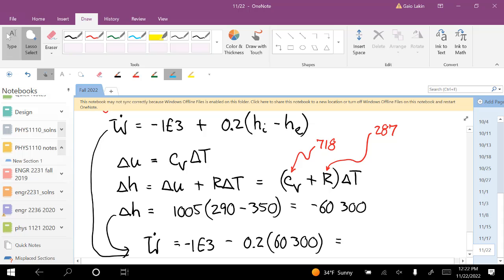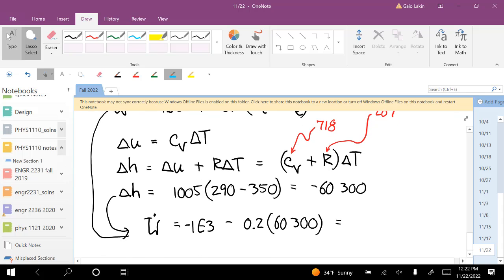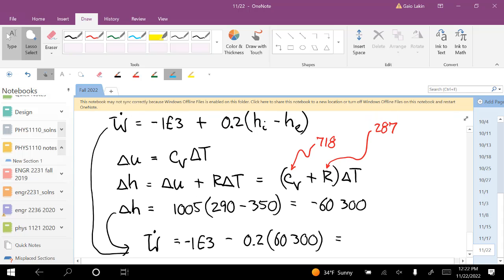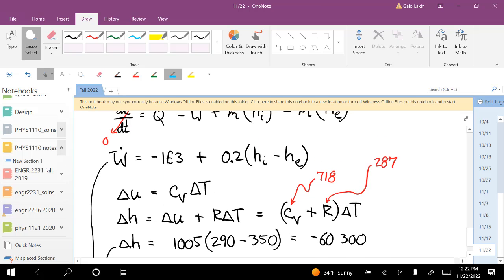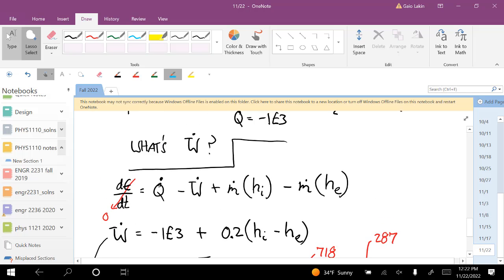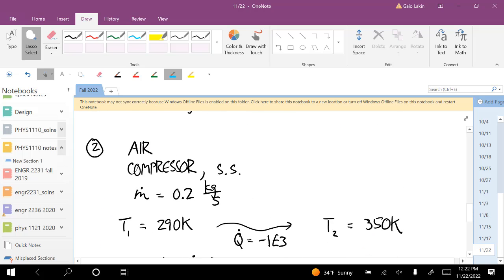I'm getting something different than I got before, but maybe this is right. I guess maybe I just have a sign error when I calculated it before. Let me just make sure here.